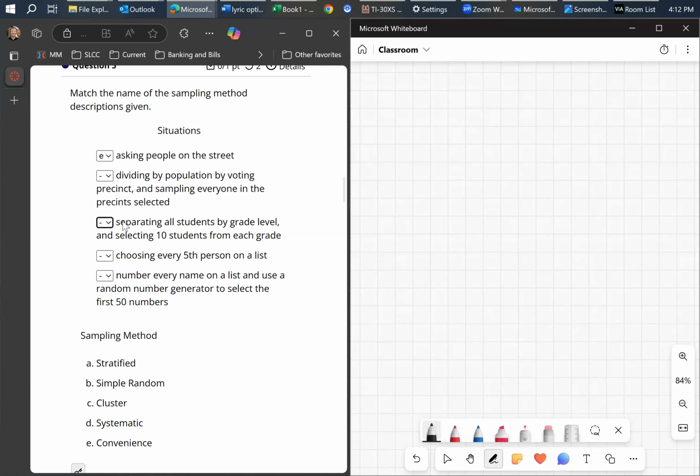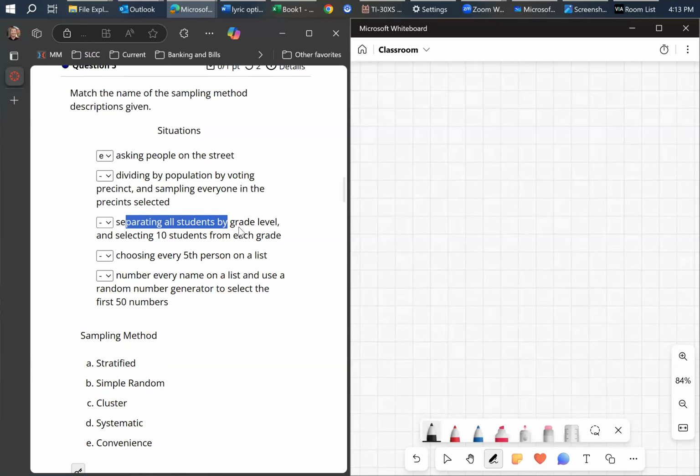So the difference is here we're dividing the students by grade level and selecting a sample of each grade, whereas here we're dividing the population by precinct and then sampling everyone. This is the big key. They're both dividing, but this one is everyone and this one's just a sample. So dividing the population and then sampling everyone is cluster.